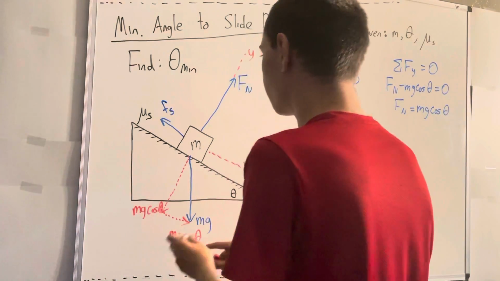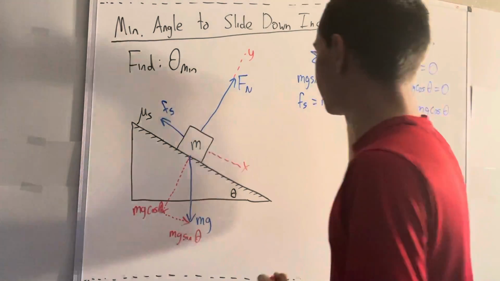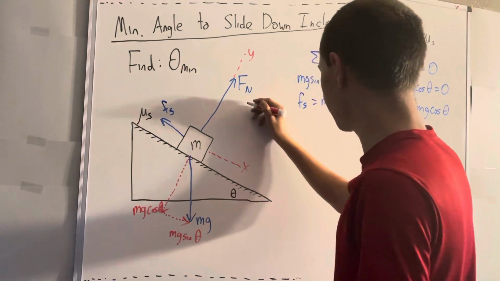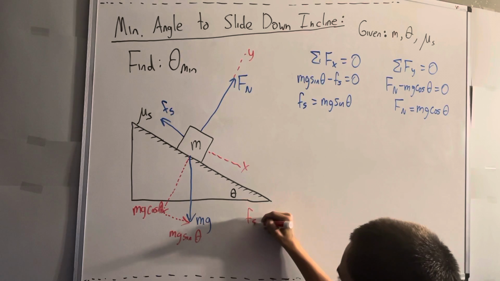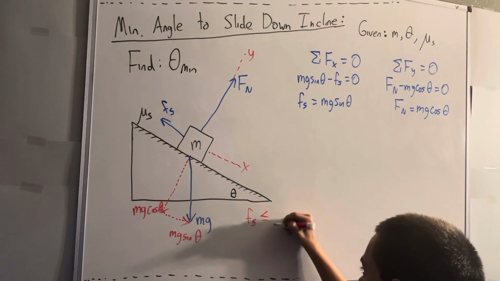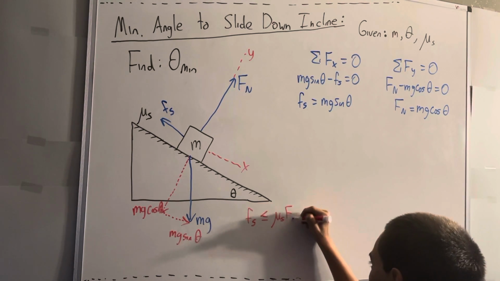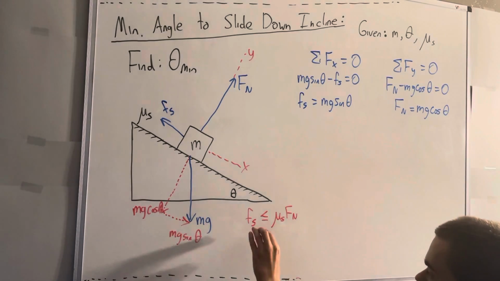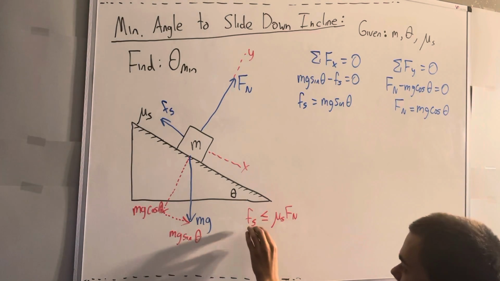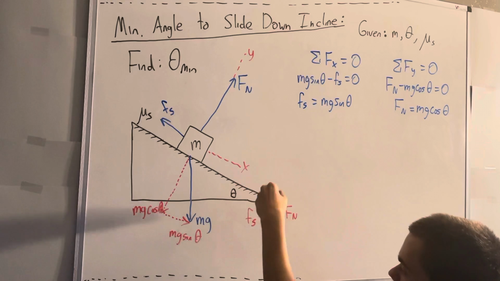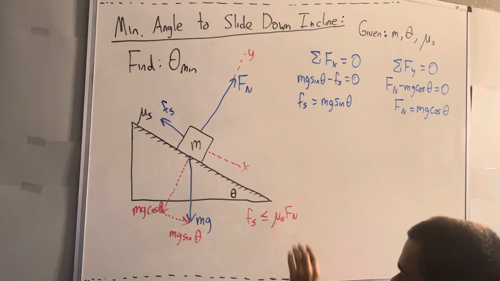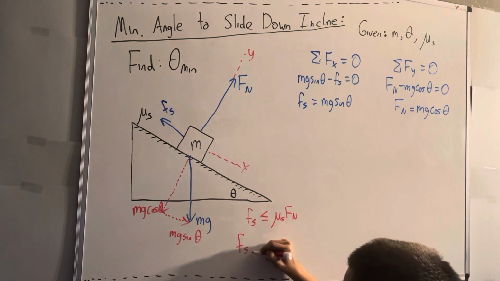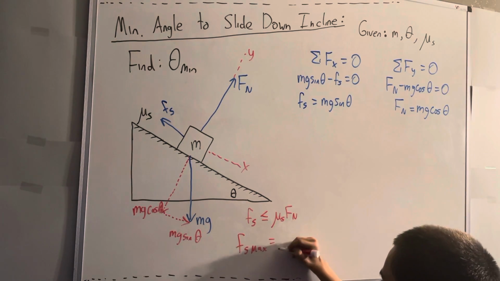If you recall, static friction is less than or equal to mu s Fn, pretty much because the static frictional force acting on a block is always less than or equal to the maximum static frictional force. So the maximum static frictional force, we know, is just equal to mu s Fn.